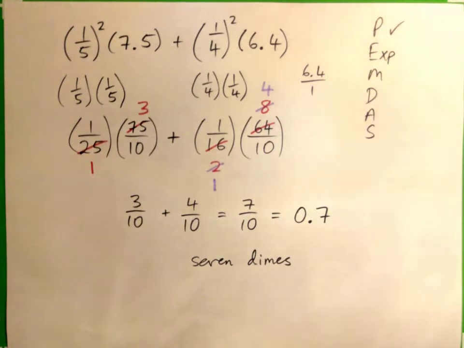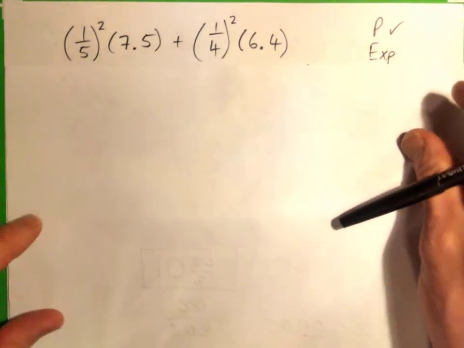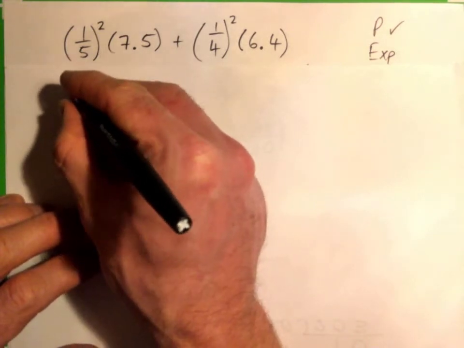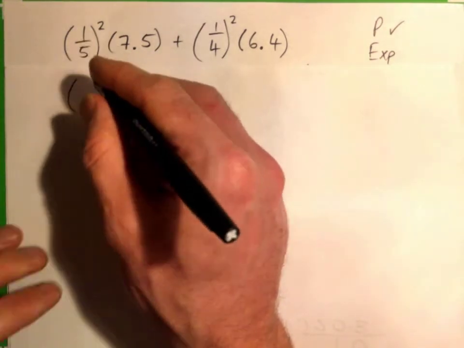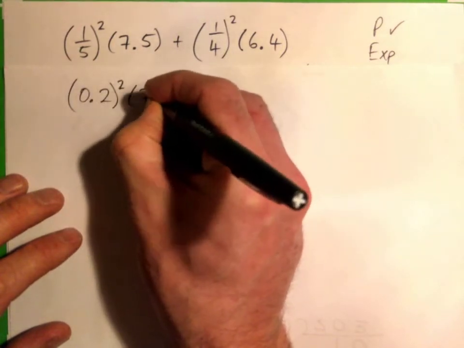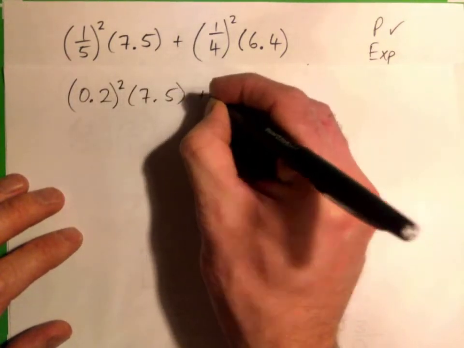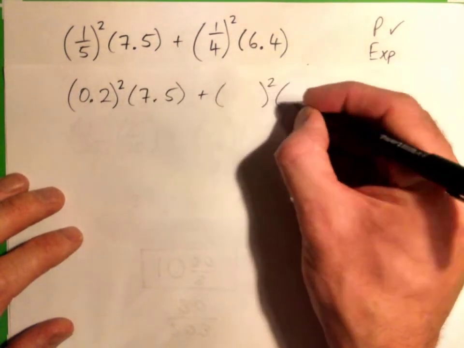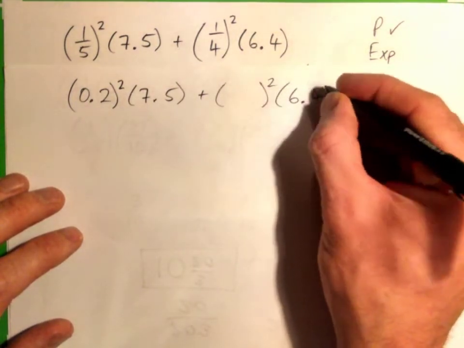Now, that's one way. By golly, you guys, there were so many ways to do this. We could have converted 1/5 into a decimal. We would have got 0.2 and then squared that. What's a quarter as a decimal, by the way? Good. Yeah, think about money.